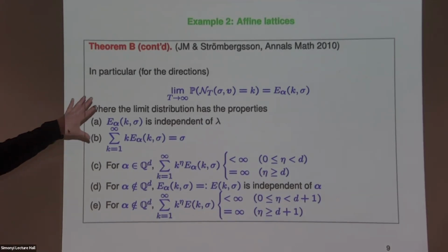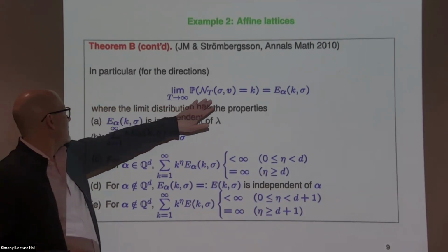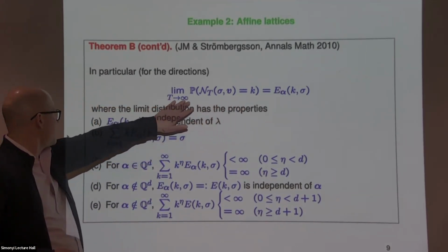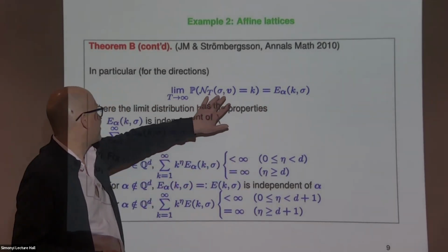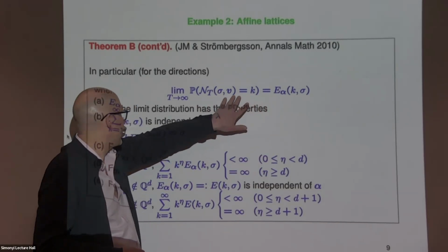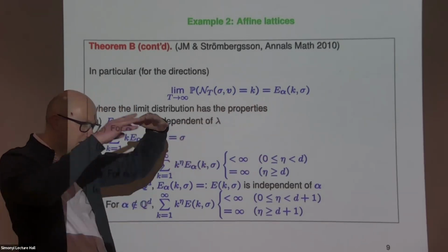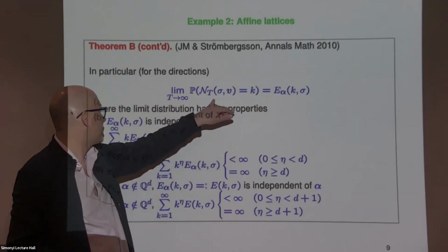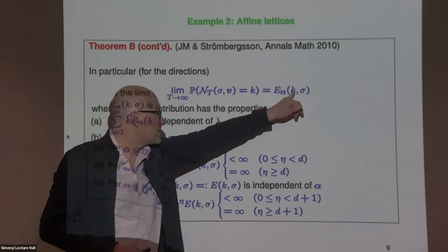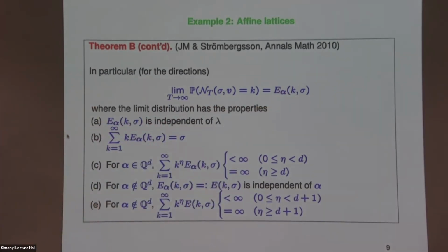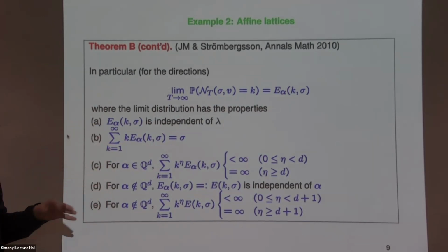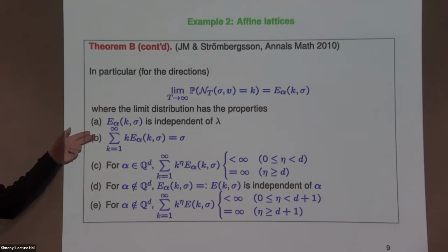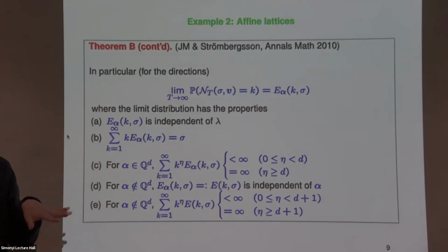For here, I just want to say that this previous theorem is a convergence of the whole point process. And as a corollary, you get that the number of projected lattice points in a randomly placed disk is given by a limit distribution. In higher dimensions, we can't work out explicit formulas for the limit distribution, but we know, for example, that there are only finitely many finite moments.